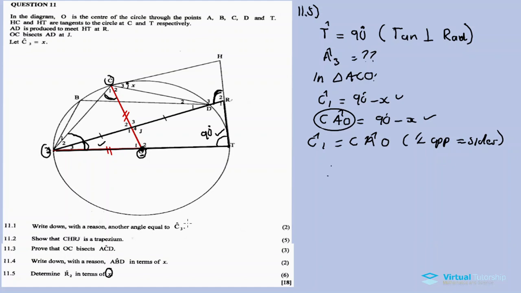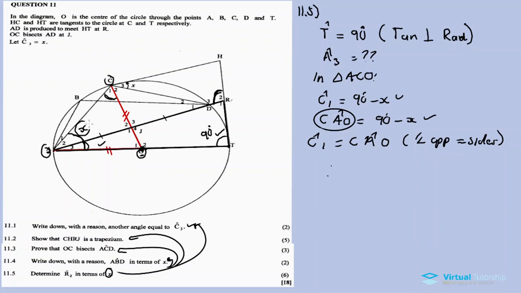Remember on the very first question, 11.1, we showed that this is equal to x. So A2 is equal to x. Now it goes back to what I was saying, that whenever we answer a question, always go back to the previous questions to check whether there is an angle you calculated that can help you. So look, we go back to 11.1.